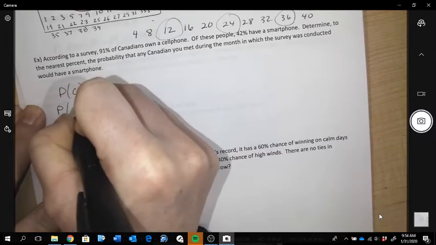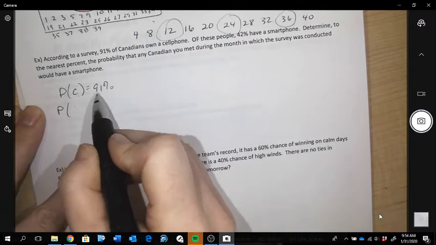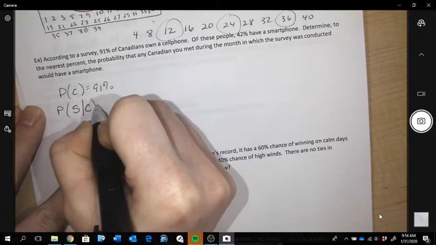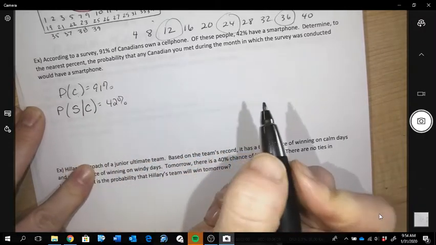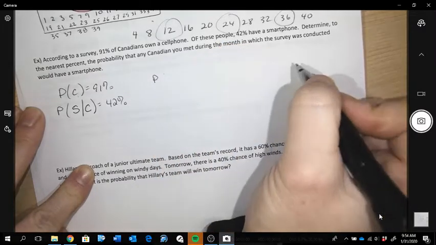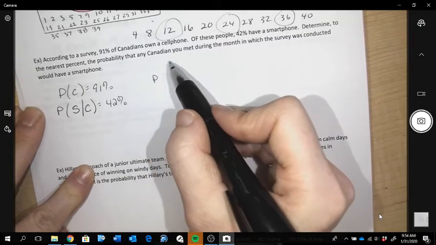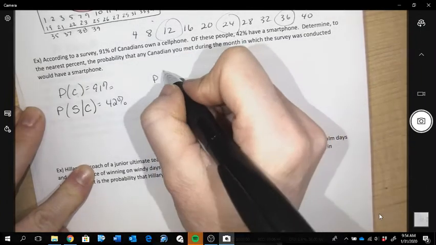The probability of a smartphone given that they have a cell phone is 42%. So determine the probability that any Canadian would have a smartphone.